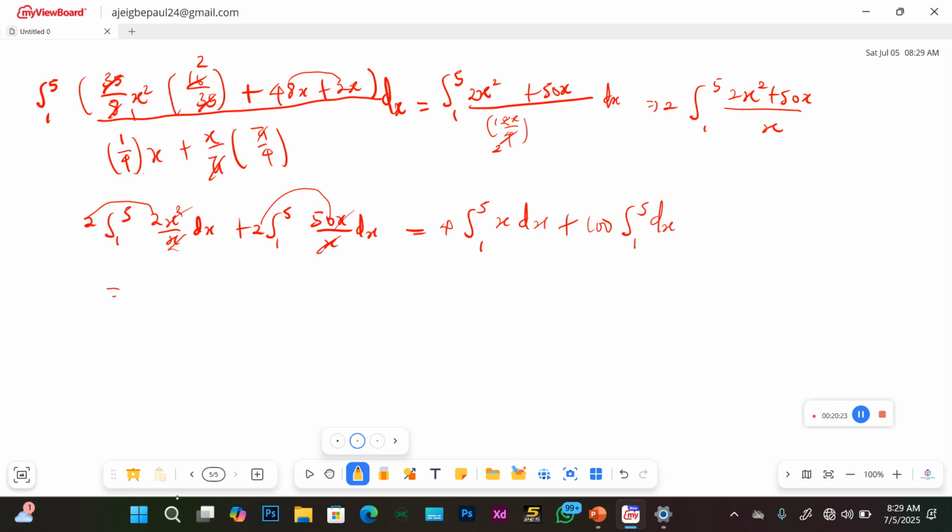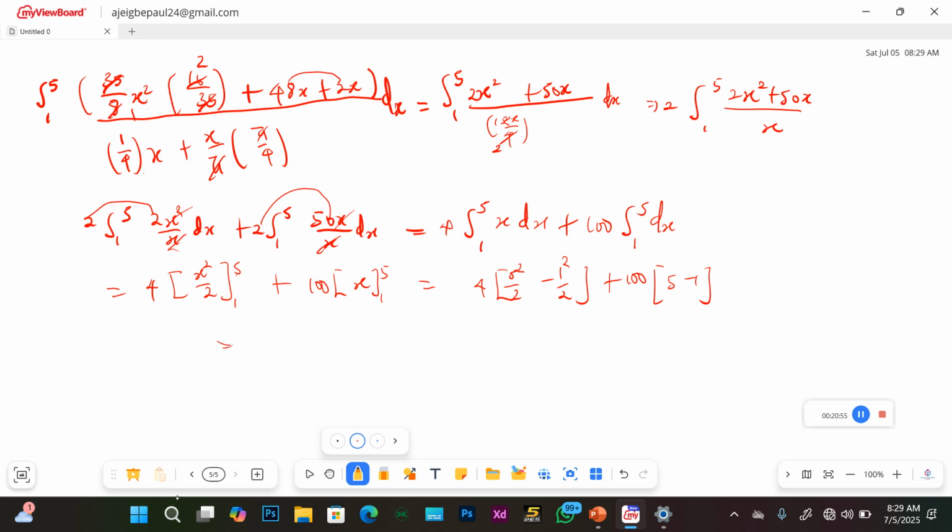So now this is going to give us 4. Then if you integrate x, you're going to get x squared over 2 from 1 to 5, then plus 100 into brackets x from 1 to 5. So this is equal to 4 into bracket, then if you apply your limit, 5 squared over 2 minus 1 squared over 2, then plus 100 into bracket 5 minus 1.